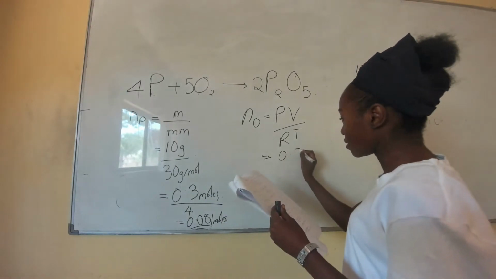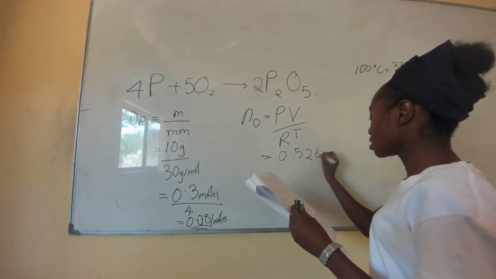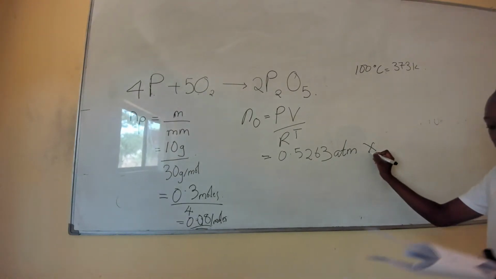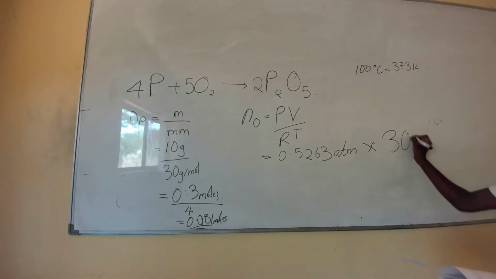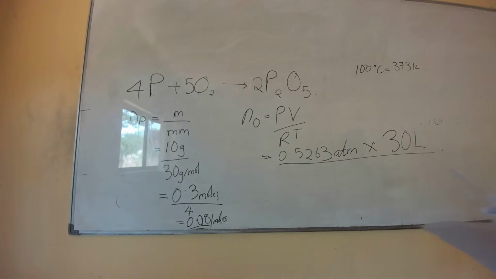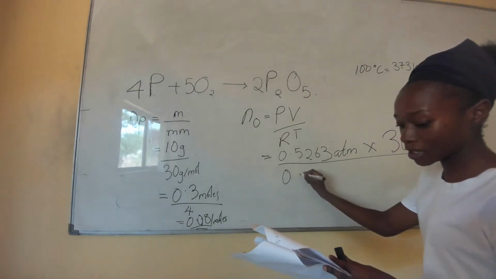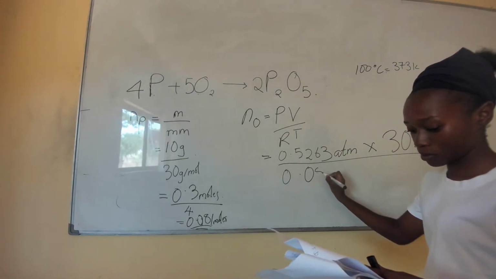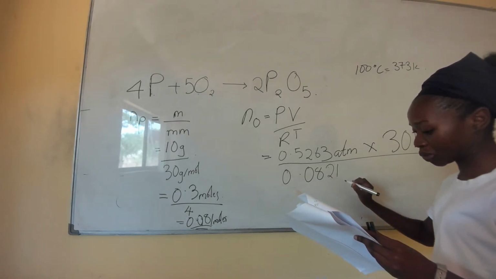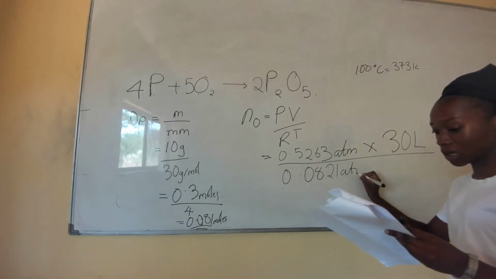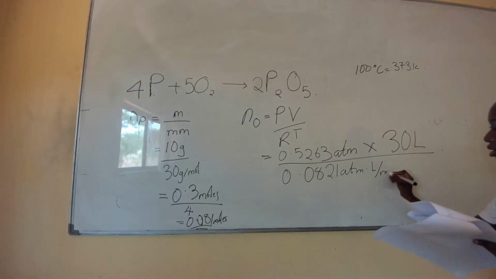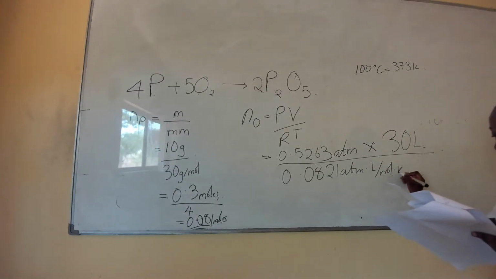We put the 0.5263 atm, which is our pressure, multiply it by the volume, which is given as 30 liters, then divide by 0.0821 atm liters per mole per Kelvin.